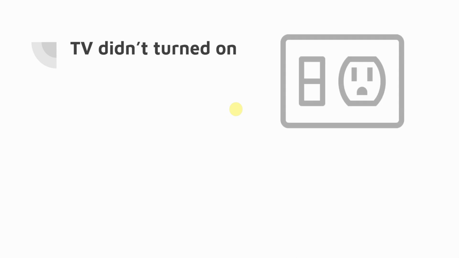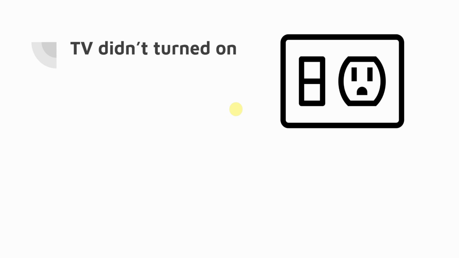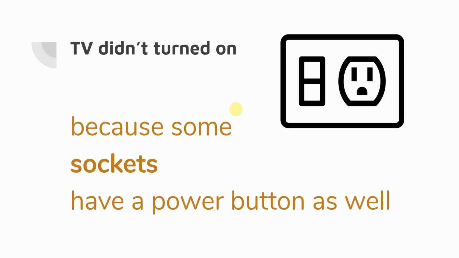So let's say we run that program but the TV didn't turn on. That was the problem. Whatever we were expecting was not the real case because there was a button on the socket to turn it on and off. We missed that, because some sockets have a power button as well.